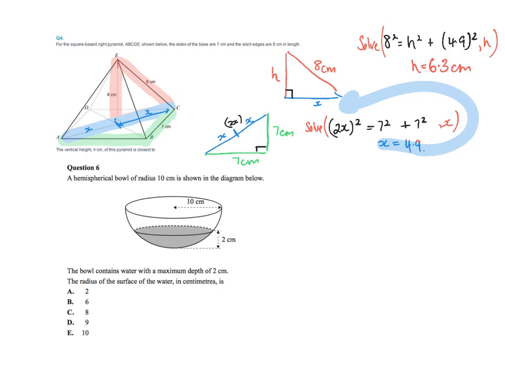Okay, and this last one, the hemispherical bowl. When they say hemispherical, it means it's exactly half a ball, like a sphere. Has a radius of 10 centimeters as shown. If the bowl contains a maximum depth of 2 centimeters, the radius of the surface of the water in centimeters is.